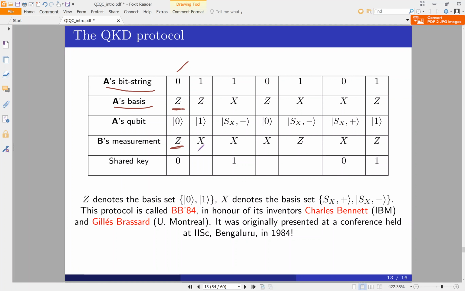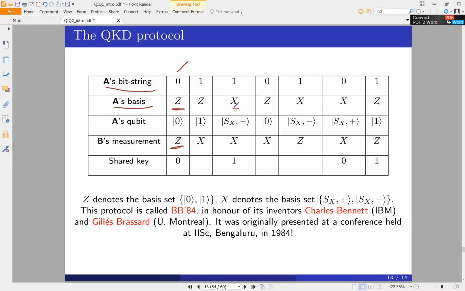But in the second instance, B's basis choice is different from A's basis choice. So the uncertainty principle will now tell you that whatever outcome B gets is invalid because both outcomes are equally likely. When I measure ket 1 in the sigma x basis, I'm equally likely to get a plus half or a minus half, which means I'm equally likely to get a bit 0 or a bit 1 outcome. So this will not contribute to the key.